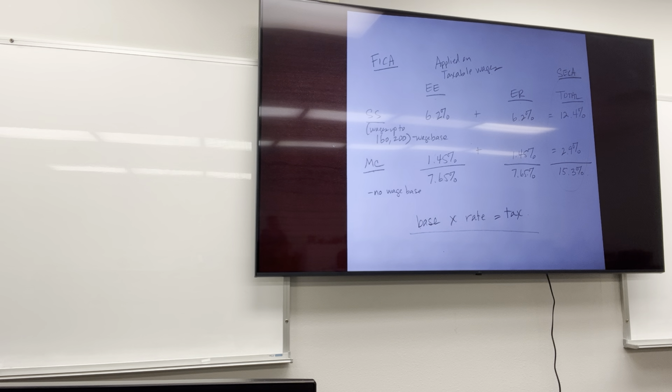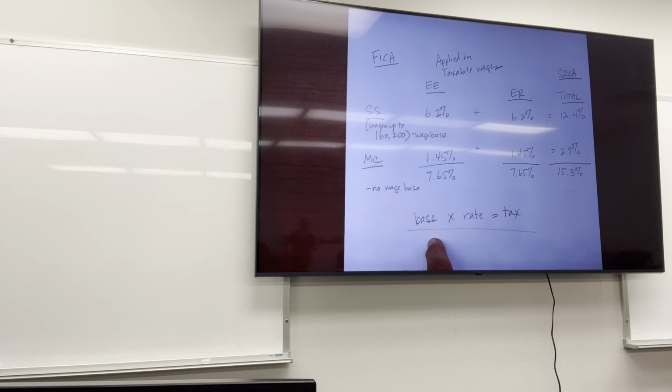Same thing for sales tax. Your base is the purchase price of whatever item you purchased that is subject to sales tax. So if you buy something for $100 and the sales tax rate is 7%, the tax is going to be $7 added on.